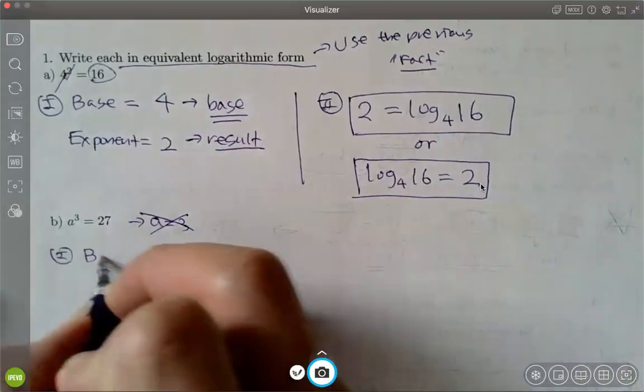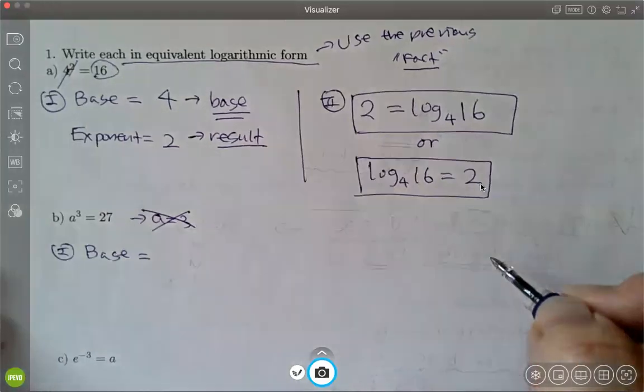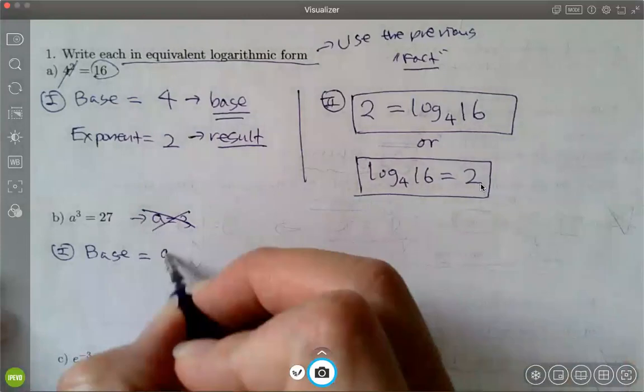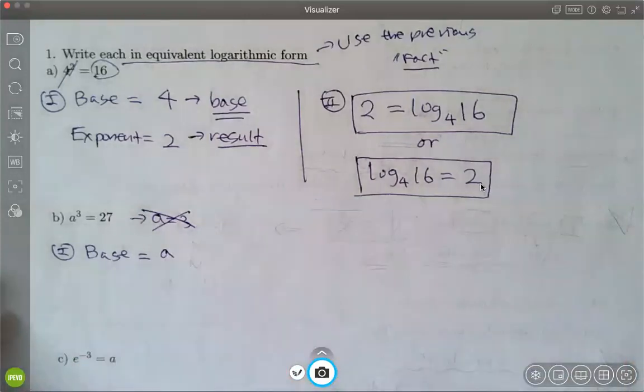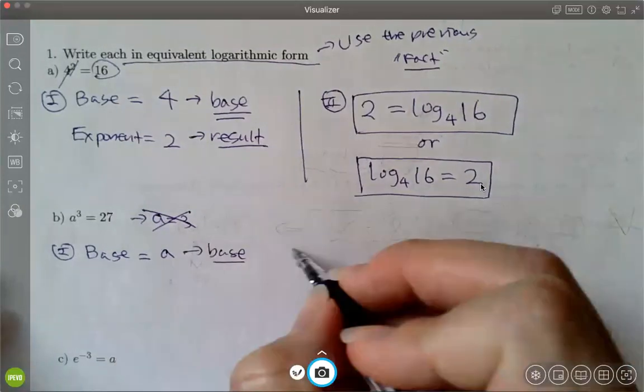Here, what's the base? a, right? Which we don't know what a is. Well, a better be 3, but that's not the point, right? So a becomes the base of the log. So what do you have? It's log sub a.